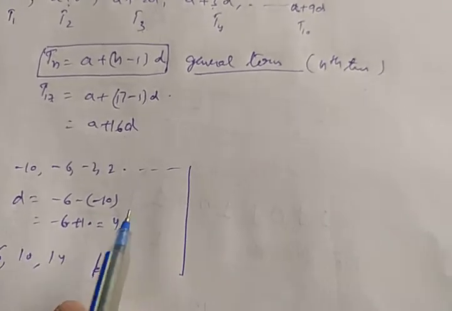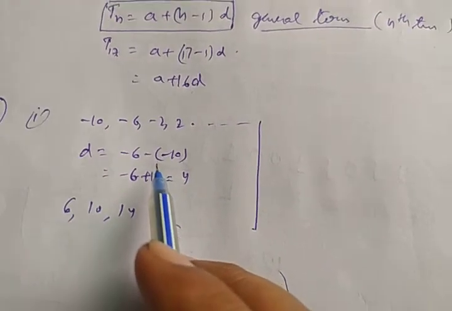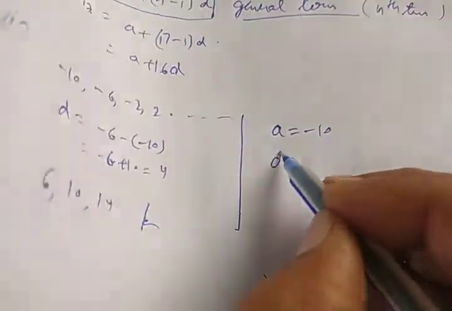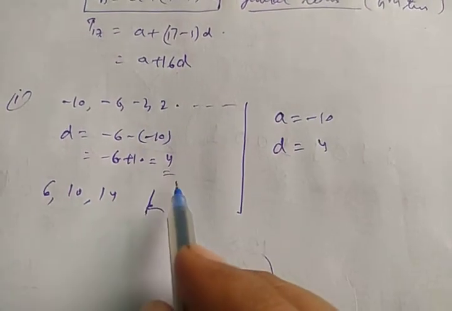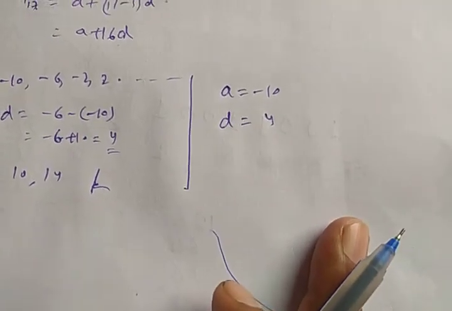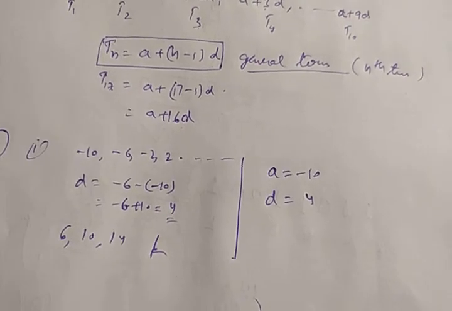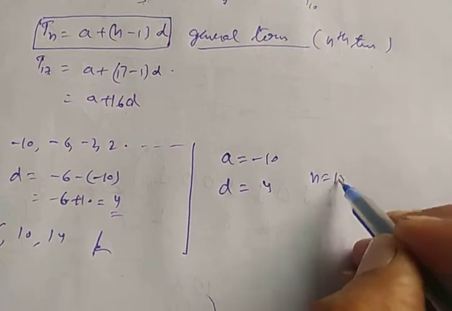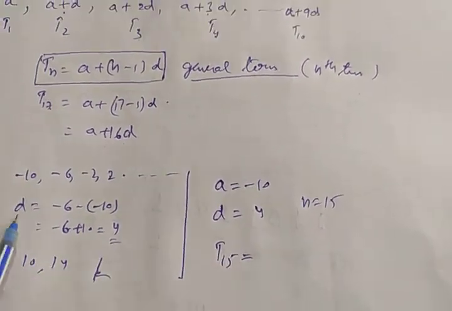With the help of this I am explaining some more things. Suppose the question is saying calculate the 15th term of the series. In this series A is equal to minus 10, D is equal to 4, as you have calculated here. When you solve the question, you will have to show the calculation of the common difference D. If you want to calculate the 15th term, n is equal to 15, then T15 is equal to A plus n minus 1 into D; the formula will remain the same.